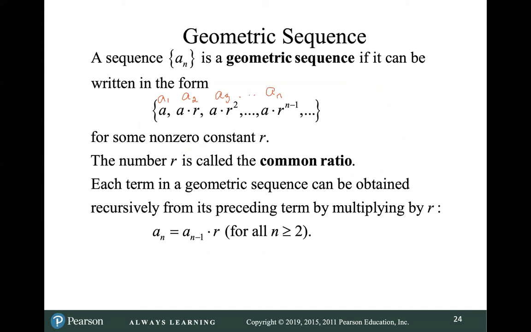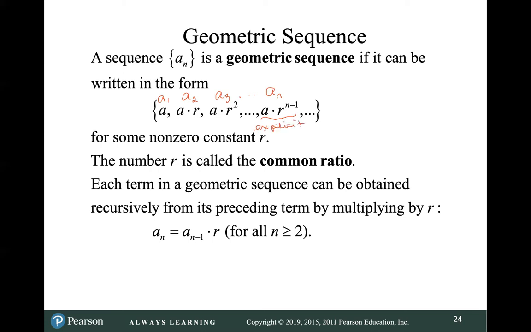It tells me A sub 10 is my 10th term. This time, since we're multiplying every time, we have what's called a common ratio. Common ratio is the number that's being multiplied every time, just like our common difference was the number that's being added every time.